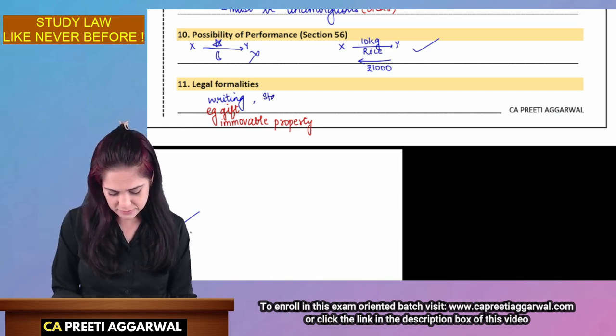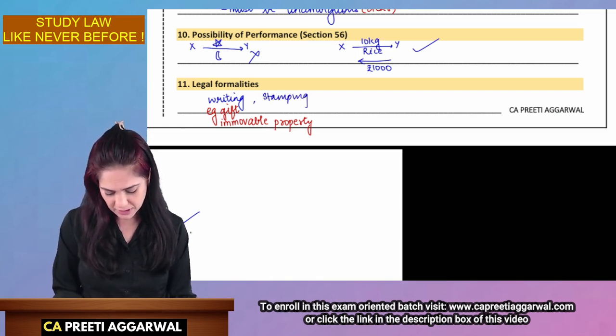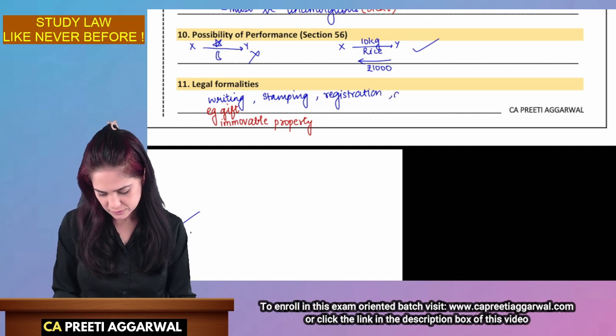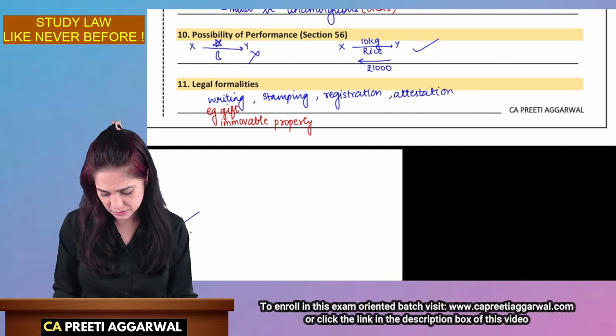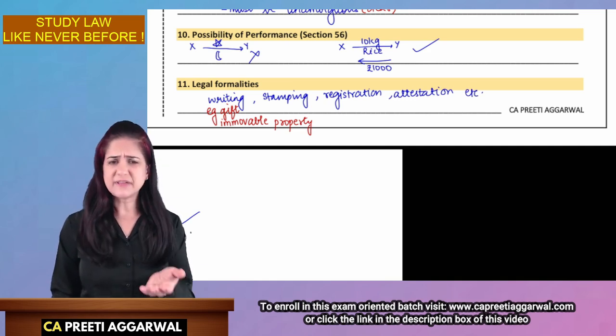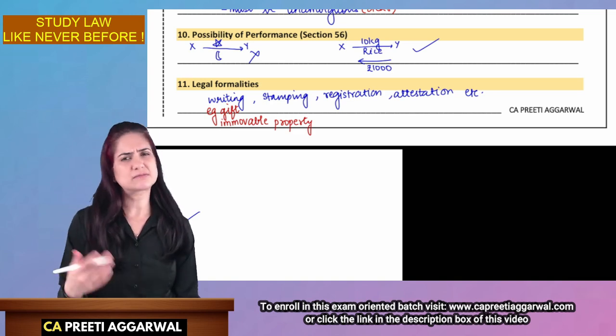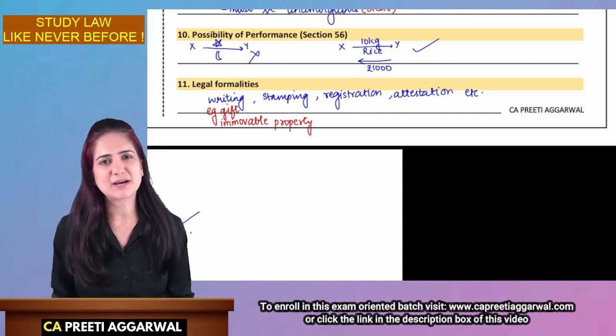Writing. Law sometimes requires stamping, registration, attestation. Then if there is some formality, then you have to fulfill it. Otherwise, it's your wish. Even oral contracts are valid.